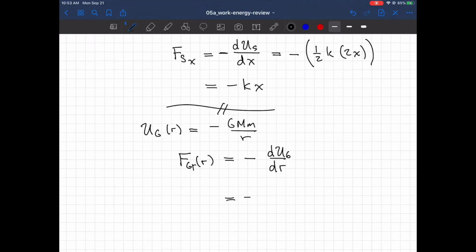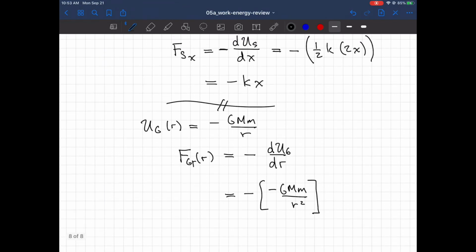So what is that? Well, it's minus, and then I take the derivative of this thing, I get back minus GMm over r squared. And so we find that the force of gravity is equal to plus GMm over r squared, the r component of it.